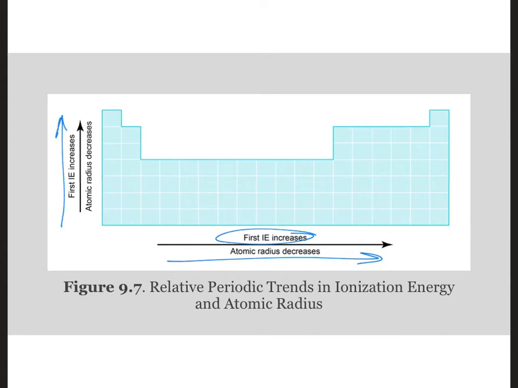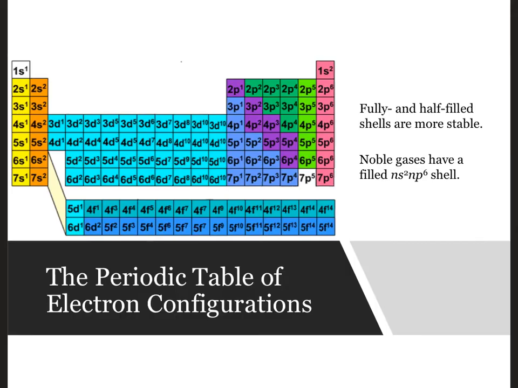It's easiest to explain this in terms of decreasing atomic radius, but let's dig deeper for a moment. Recall that fully filled and half-filled electron shells are inherently more stable, meaning they are lower in energy. Not only is the size of the atom getting smaller as we move from left to right, but it becomes easier to gain electrons to achieve a noble gas configuration than to lose them.